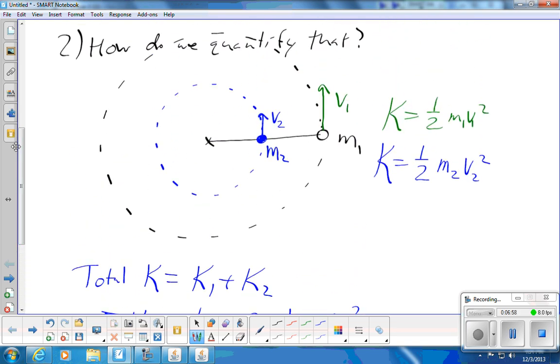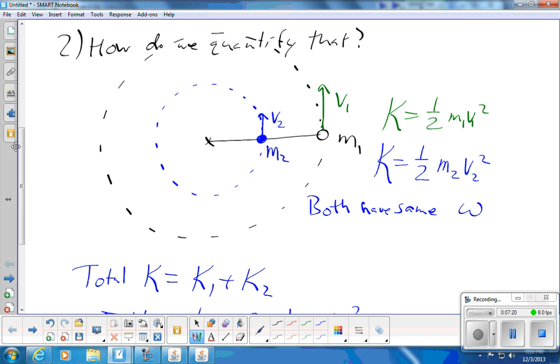What we know is that each of these two masses have different V's, but they both have the same angular velocity, because they're both traveling around the circle the same number of radians of arc in the same amount of time.